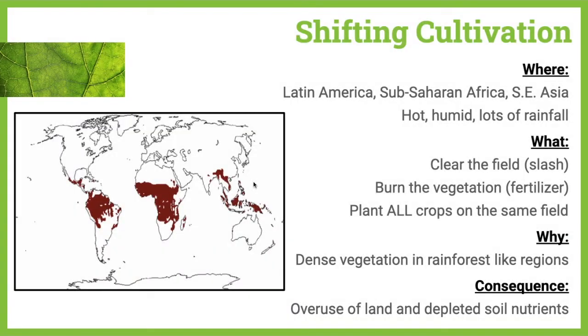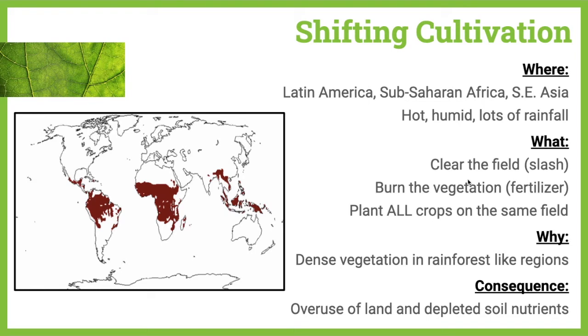The second type is shifting cultivation. Shifting cultivation deals with many, many different crops, planting all kinds of different crops on the same field. And it often involves a lot of slash and burn. Slash being clearing vegetation, clearing some very wooded, sometimes jungle-like areas, and then burning the vegetation after slashing it for fertilizer, right?